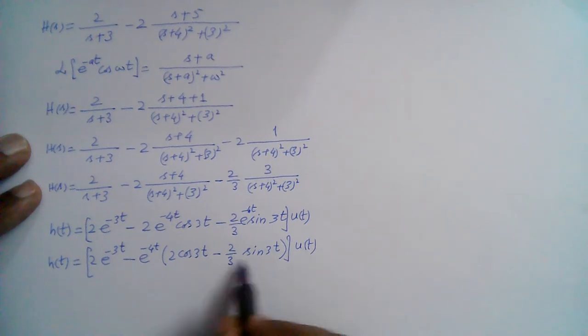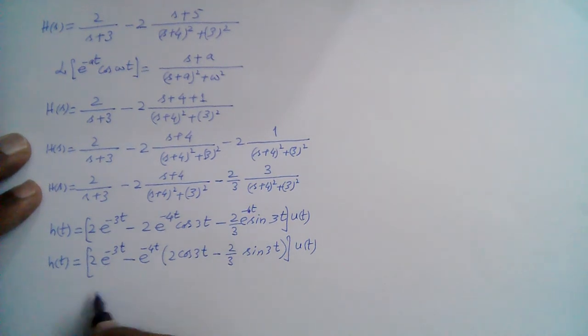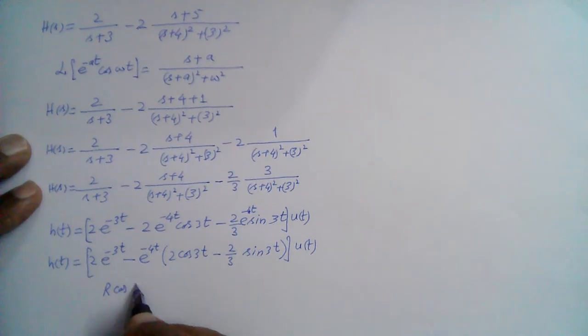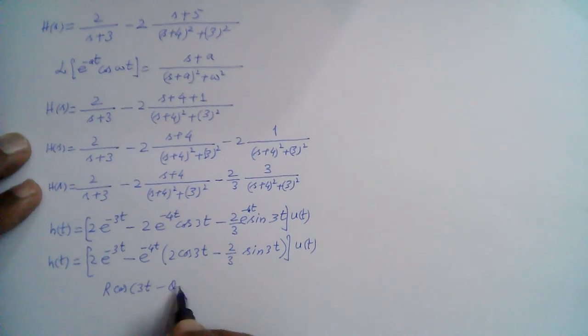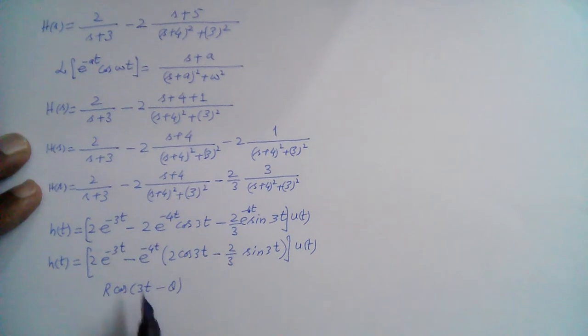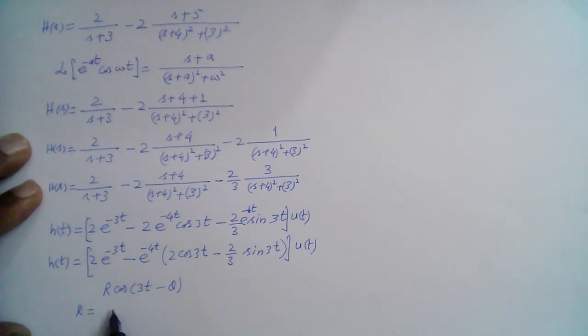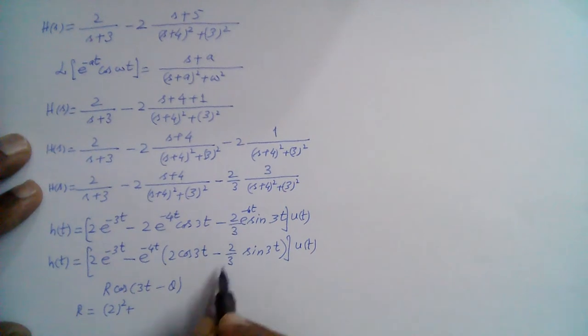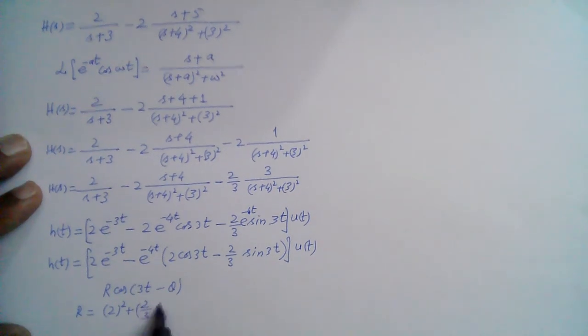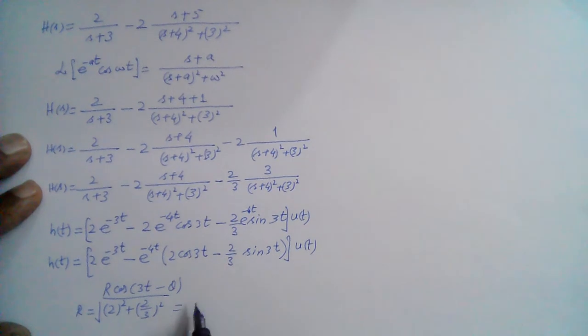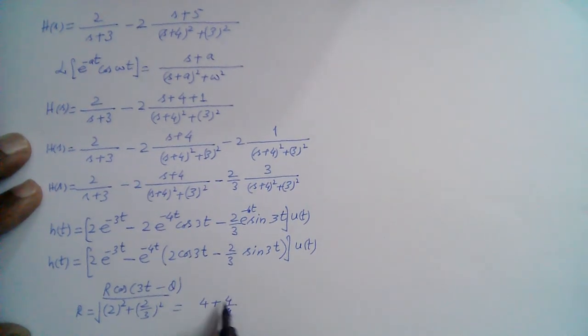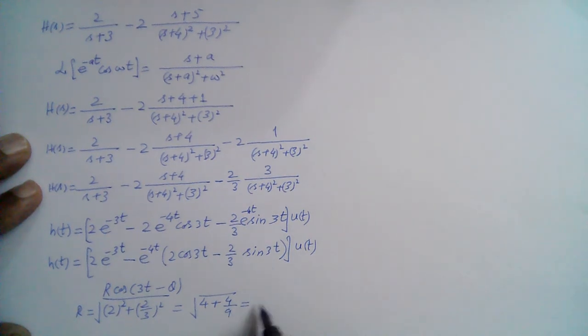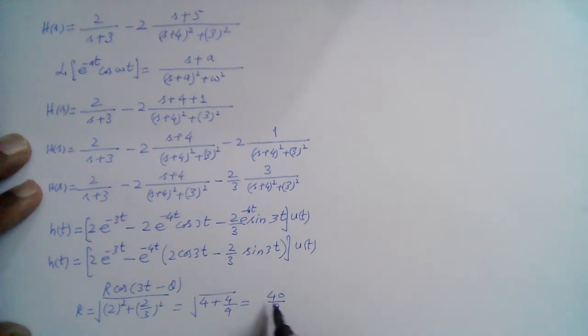And this term, which involves both cos and sine terms, can be combined in the form of, for example, r cos 3t minus theta. So r here will be equal to square root of 2 squared plus 2 over 3 squared. So that will be 4 plus 4 over 9, that will be 36 over 9 plus 4 over 9, that will be 40 over 9 square root.